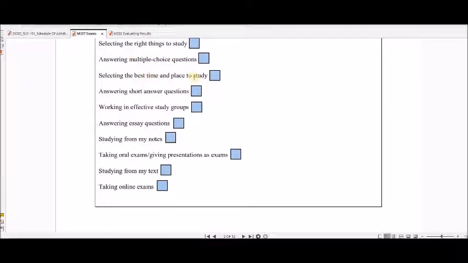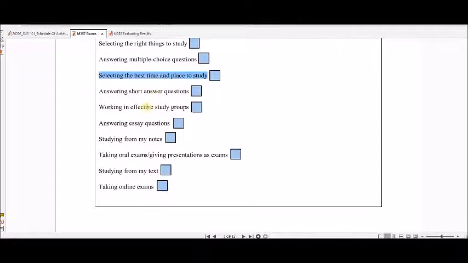Do you have trouble selecting the best time and place to study? I'm not sure we're going to cover that specific thing today, but I will tell you that selecting the best time and place to study is absolutely crucial, because you're going to be spending a lot of time there. And unless it is absolutely comfortable, unless you have picked a good time of day and a good place to study with very few distractions, unless you've totally prepared your brain, internal and external environment for studying, you're going to struggle.